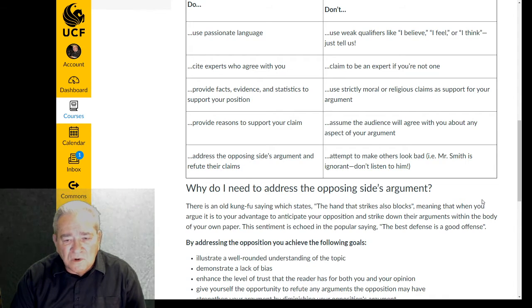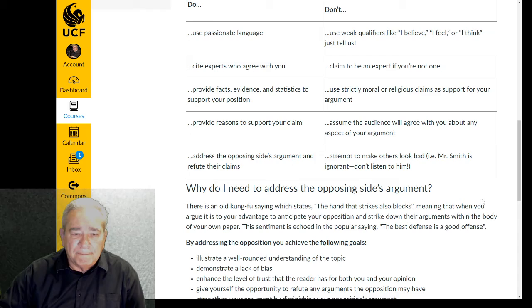So we'll look at that 5-part essay again. But you're going to have to look at your opposing side, and you're going to have to refute their claims. But you're going to want to stick with things that pertain to your thesis. Don't go down any rabbit trails trying to prove something that wasn't a part of your thesis.